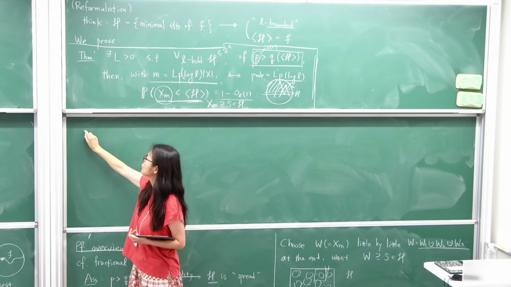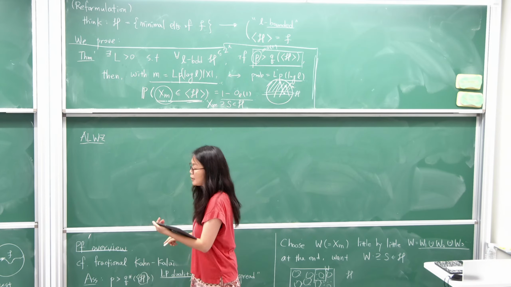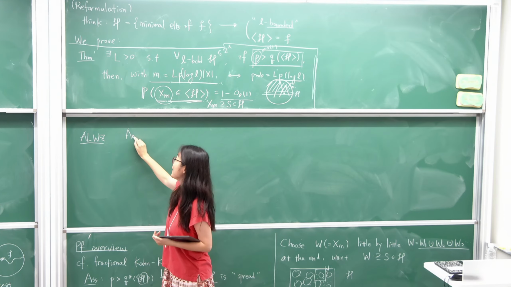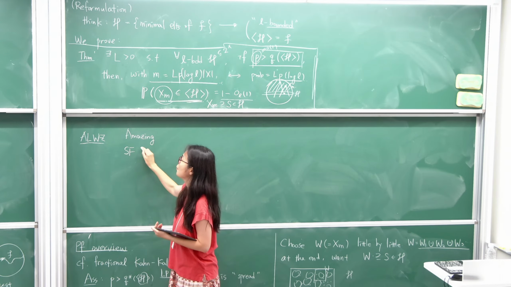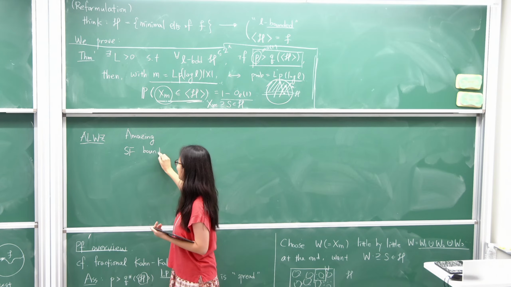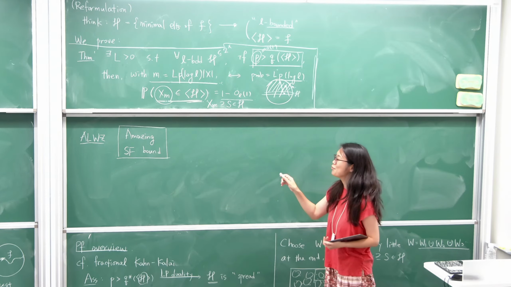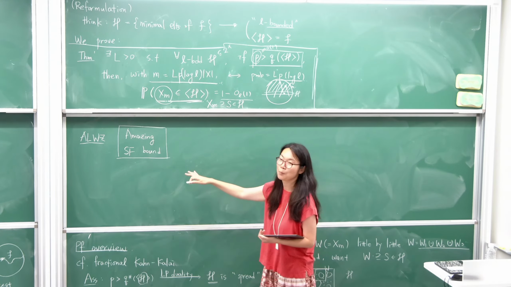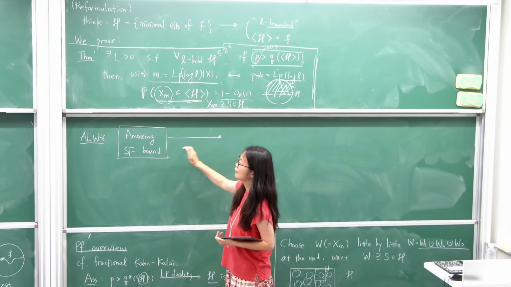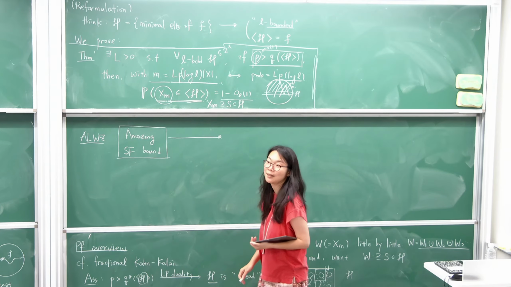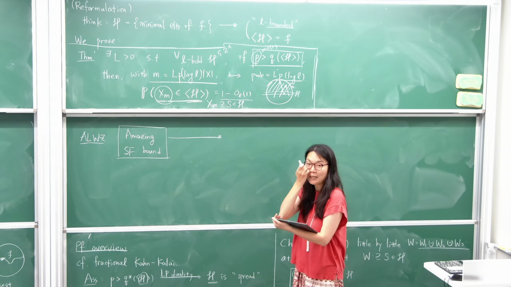In this work of ALWZ, they achieved some amazing sunflower bound. Let me not give you the quantification of this sunflower bound. It's very long. But if we naively apply their argument to the fractional Kahn-Kalai, then it already gives us a very good upper bound on the location of thresholds.